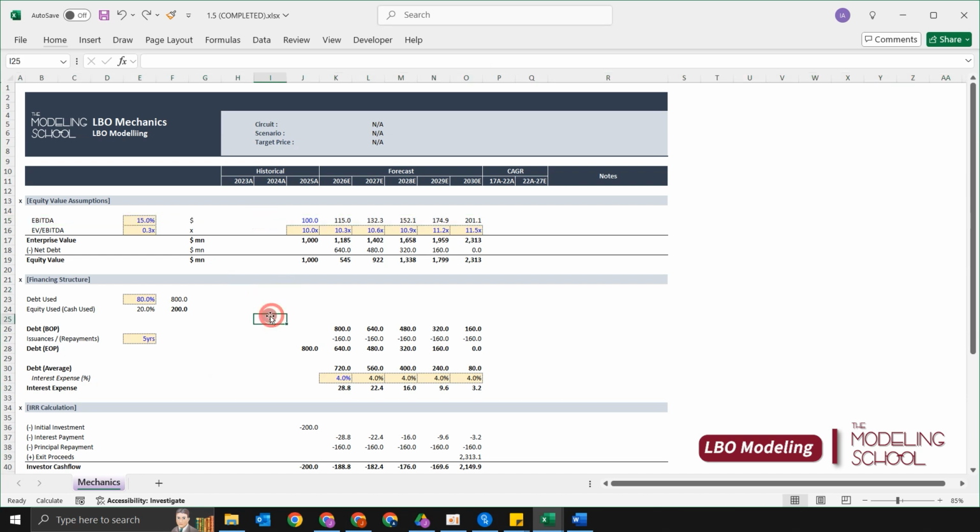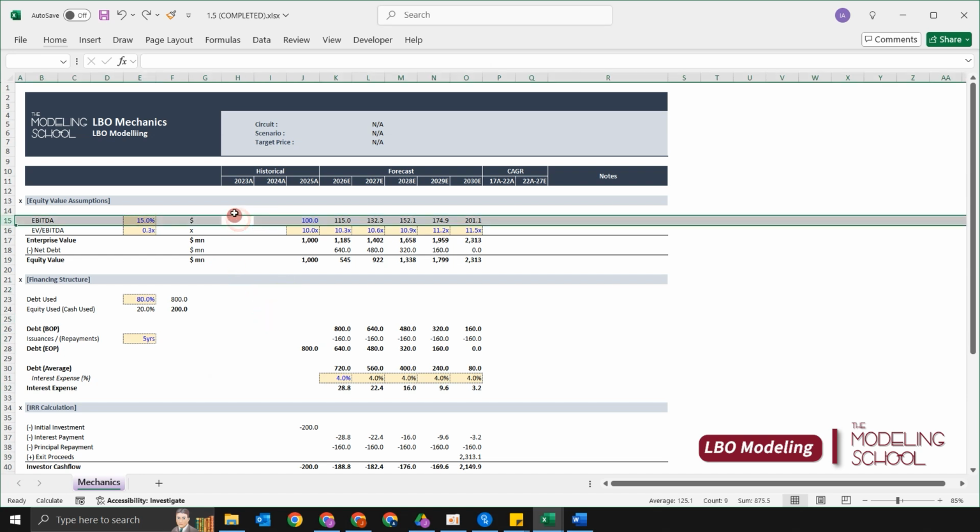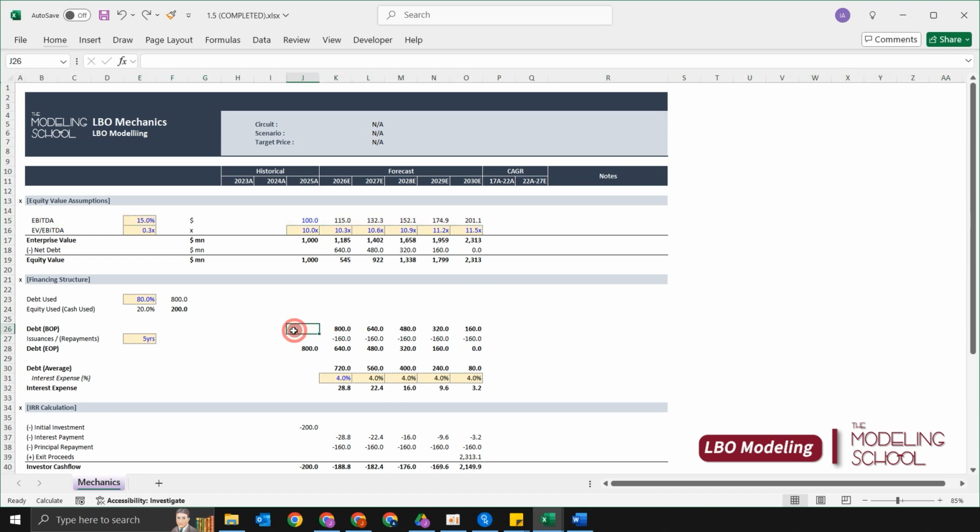So eventually, these EBITDA assumptions are going to be very, very important in the LBO model. That's why we also need a full-scale three-statement model, and we're going to put a lot of effort into that. And lastly, the EV/EBITDA multiples.